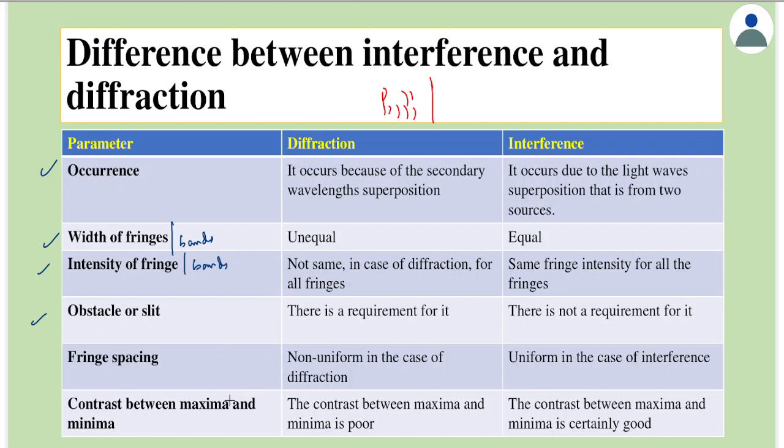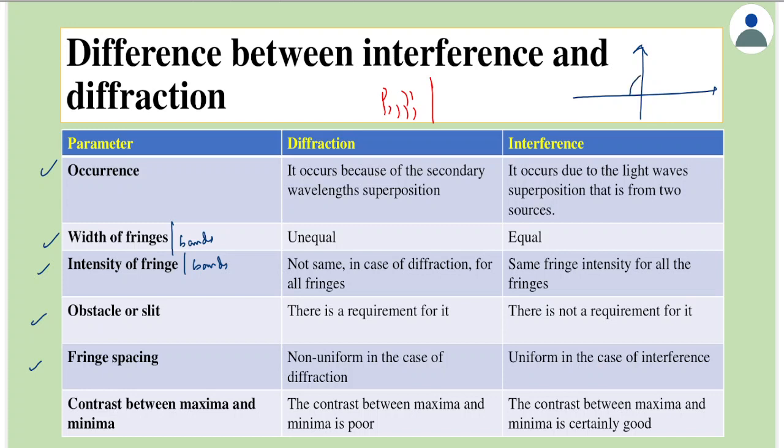Next difference is based on the fringe spacing or the band spacing. In case of diffraction, there is no uniformity in its width. That is because the central maximum will have the highest width, or we can look at it in terms of the intensity graph also, the graph of intensity versus path difference.